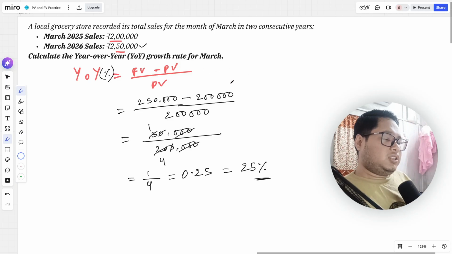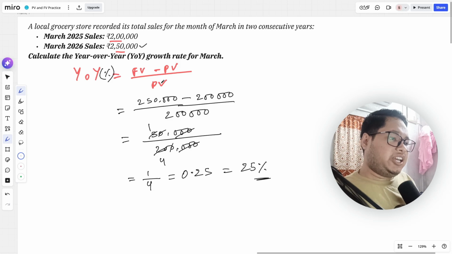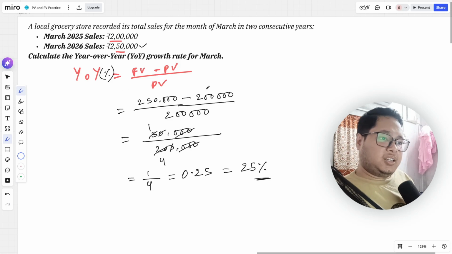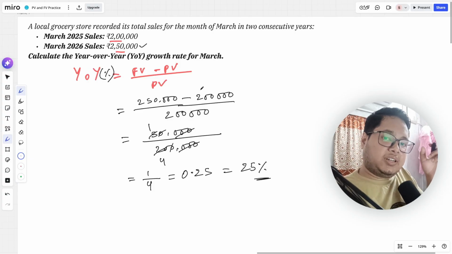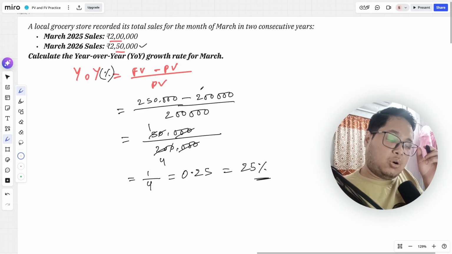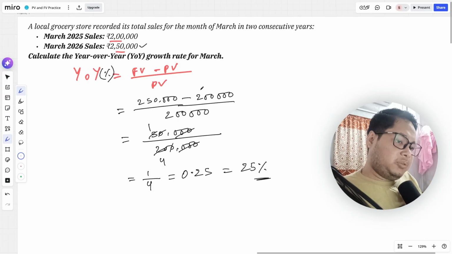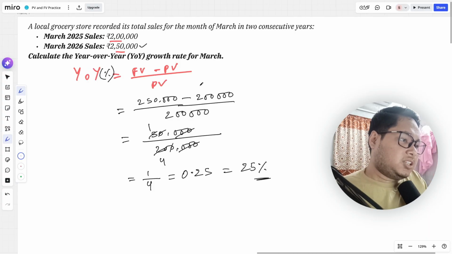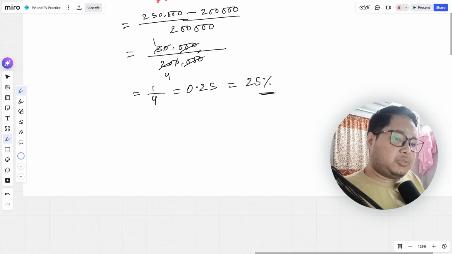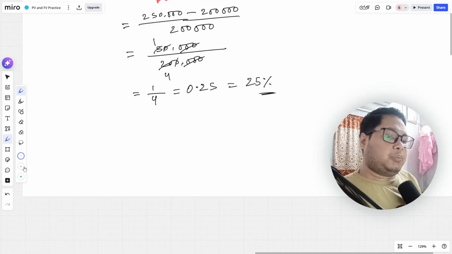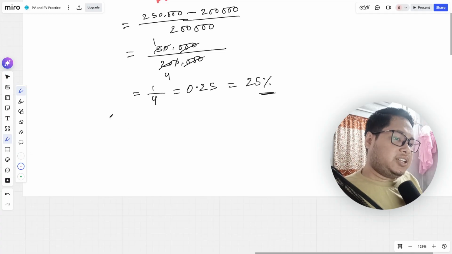Cool. So does that mean it will increase every time? No, it can decrease as well. In that case, you can say that the year over year growth rate is negative. There is also one more term referred to for this: percentage increase or decrease.